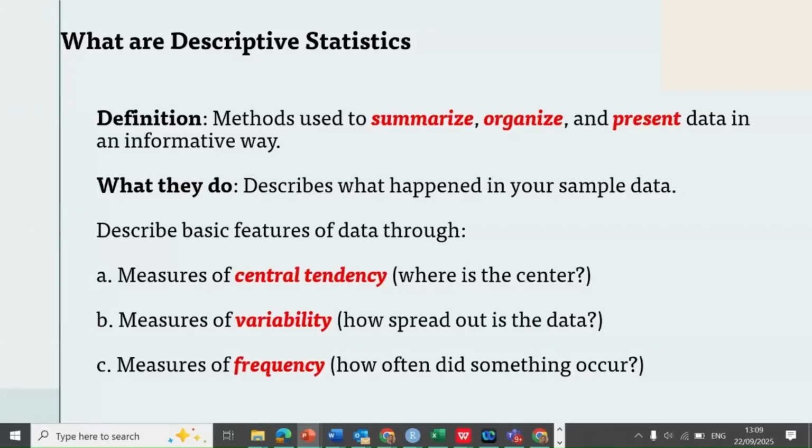The next thing descriptive statistics does is measure the variability of your data, and that means how spread out is your data. And then it also measures the frequency of your data, which means how often does something occur in your data.